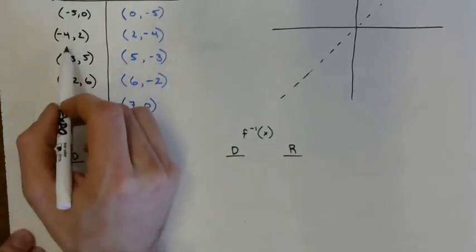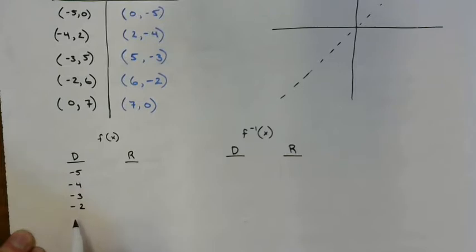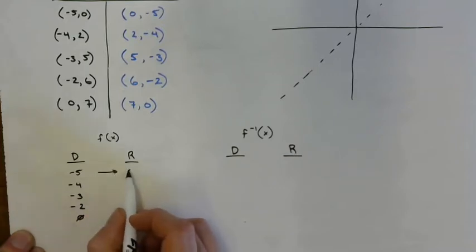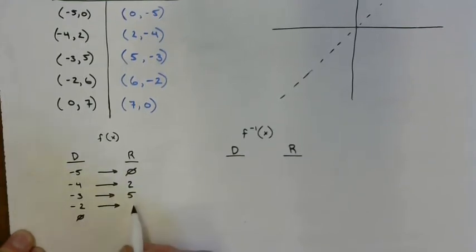Well, they're the x coordinates, the inputs. So we've got -5, -4, -3, -2, and 0. And where do they map to? -5 maps to 0, -4 maps to 2, -3 maps to 5, -2 maps to 6, and 0 maps to 7. So now you have the domain and the range.